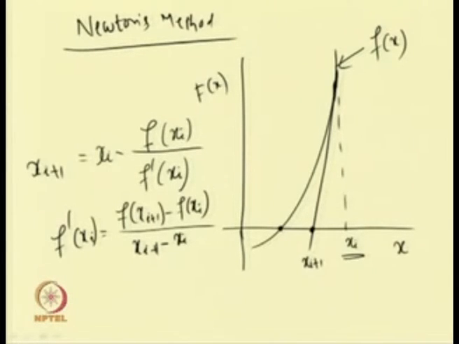But as we are assuming this f(x_(i+1)) equal to 0, where the tangent line cuts this x axis, as f(x_(i+1)) equal to 0, we can find this x_(i+1) from this equation. So, x_(i+1) will be equal to x_i minus f(x_i) by f'(x_i).